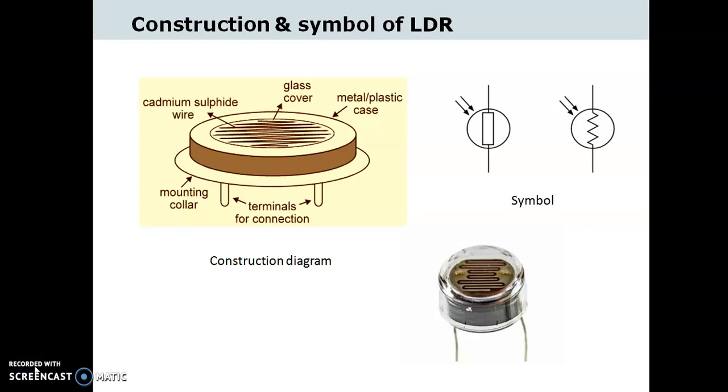Then the substrate along with the photosensitive layer of CdS is enclosed in the metal container. The contact leads are brought out for the external connection as shown in this figure. The light is incident on the light sensitive material through the glass cap or the lens which has been added at the top of this assembly.